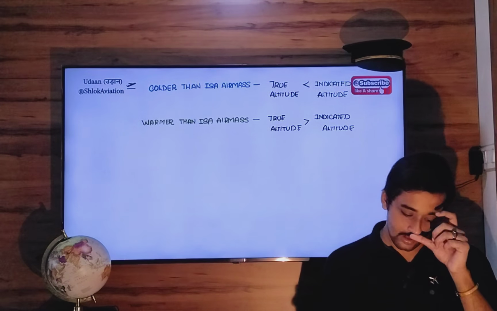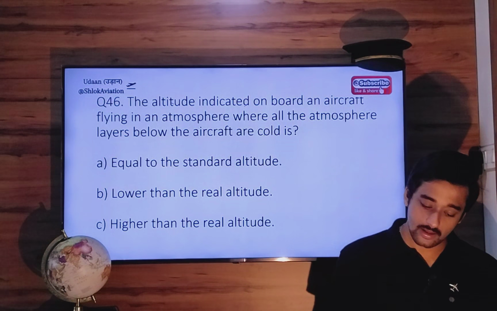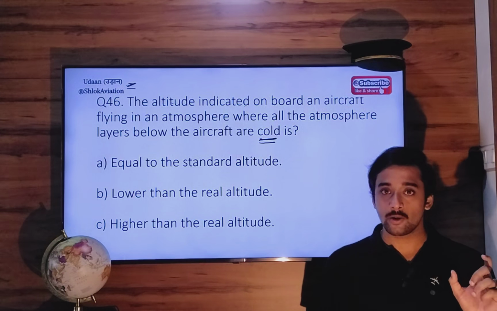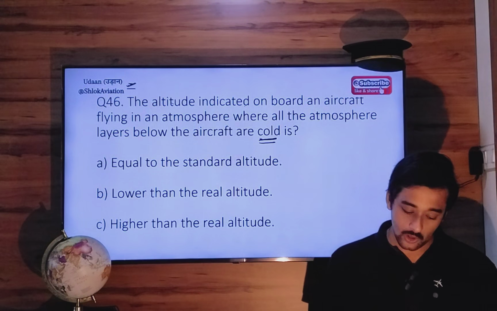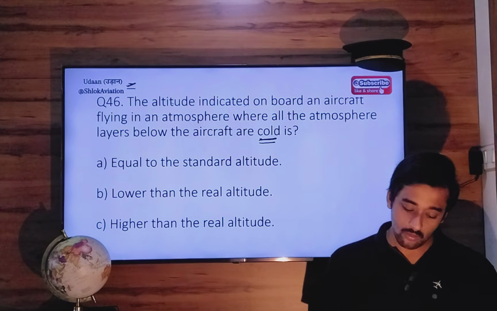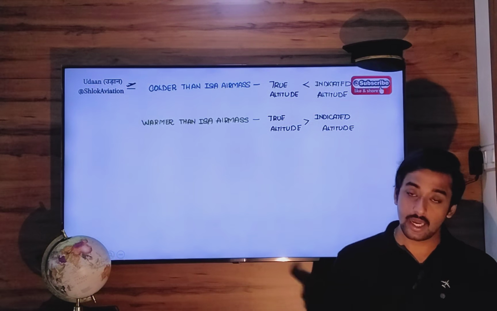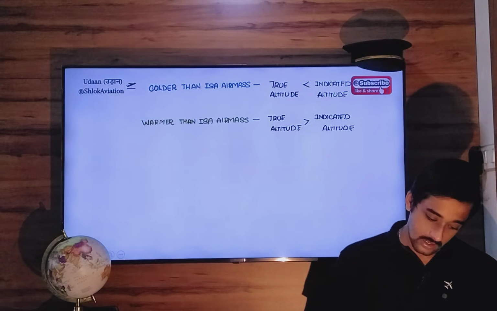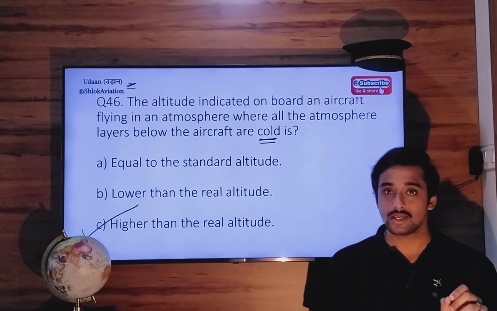So remember this point. Over here, if you are flying in an air mass which is cold, what will happen? The altitude indicated by the altimeter, will it be equal to true altitude? Less than that? More than the real one? The correct answer is that indicated altitude will be more than true altitude, so higher than the real altitude, option Charlie.